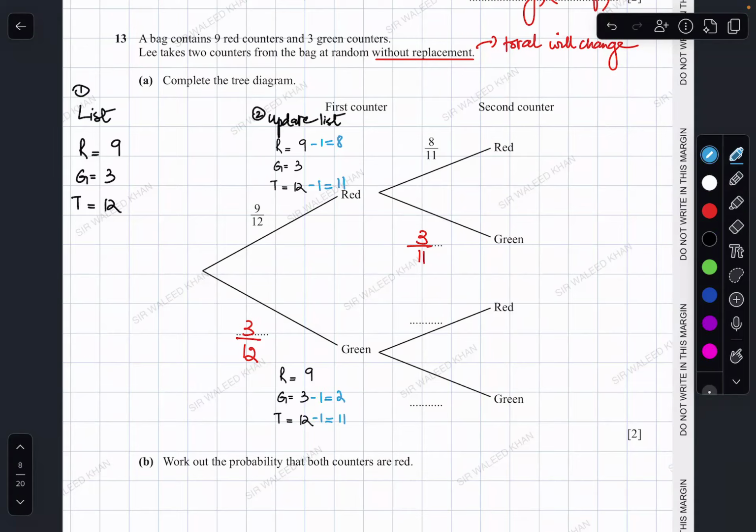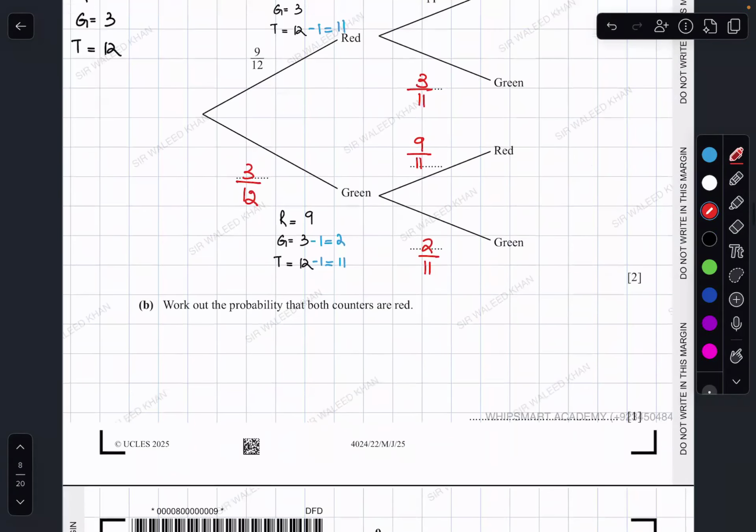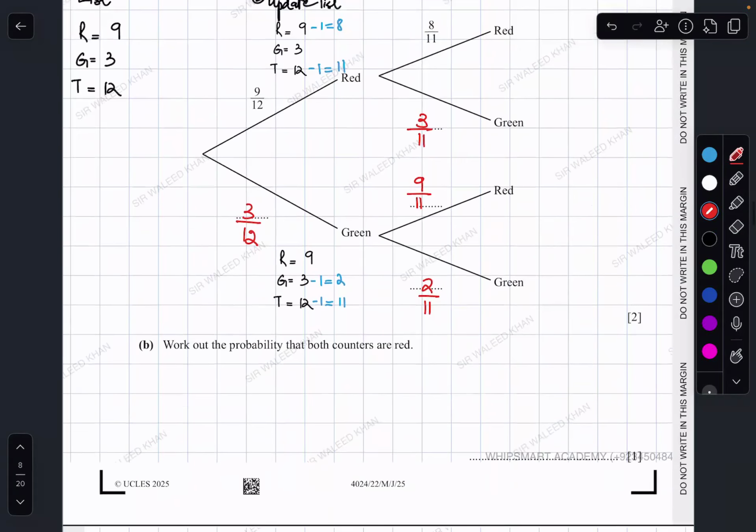So 11. Now we have 9 red counters, 2 green, and total 11. So the probability of the second counter being red will be 9 by 11, and the probability of the second counter being green will be 2 by 11. Like this.